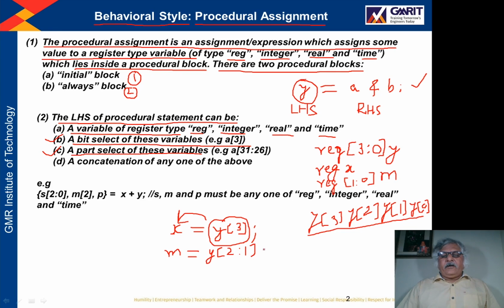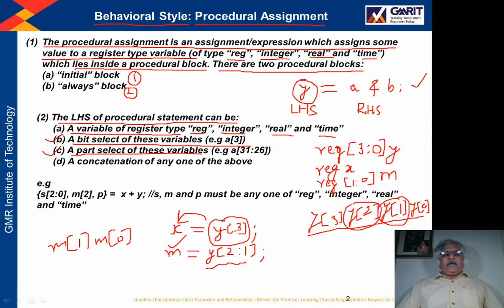If we write this, then the two elements of y, these are y2 and y1, will be assigned to m. M we already declared as a vector of two elements, m1 and m0. So to these two elements m1 and m0 we are assigning y2 and y1. So a part of a particular vector can be assigned to the left hand side.